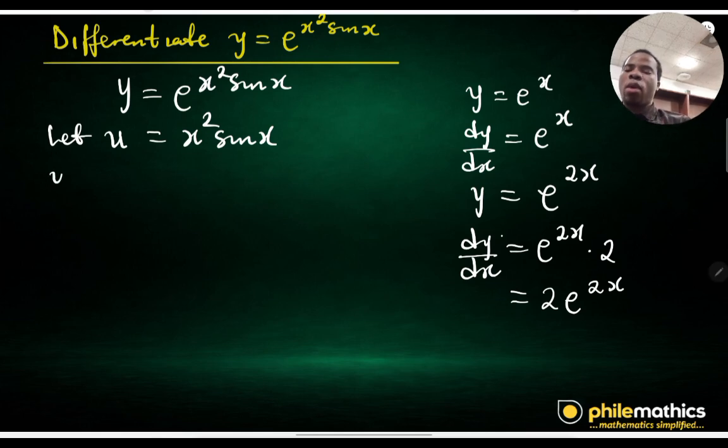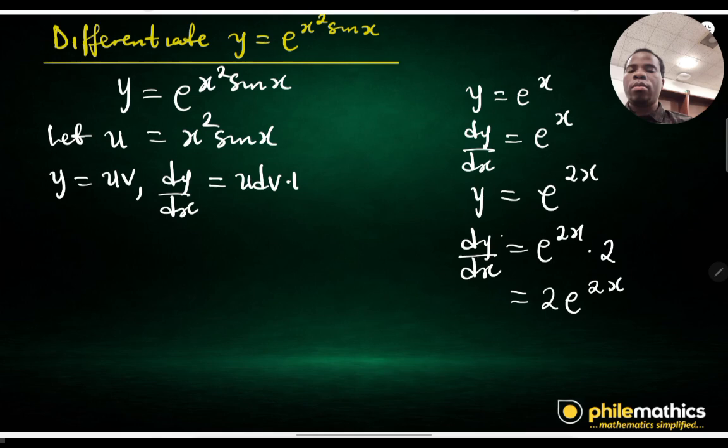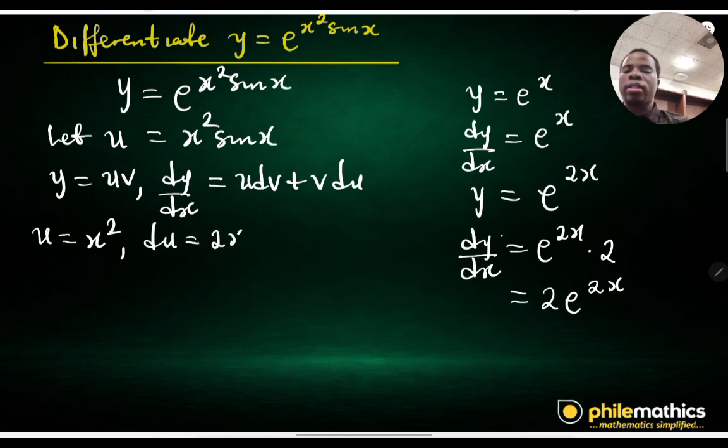Recall that if y is uv, then dy/dx, where u and v are functions of x individually, will be u dv plus v du. If we call u as x squared, then du, differentiate x squared, we have 2x.